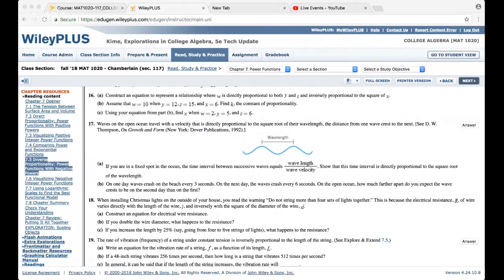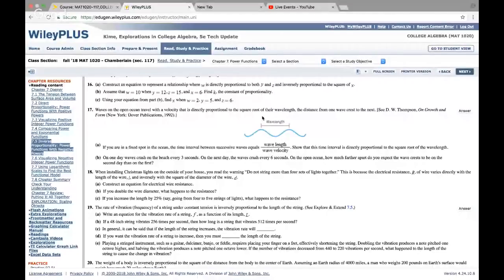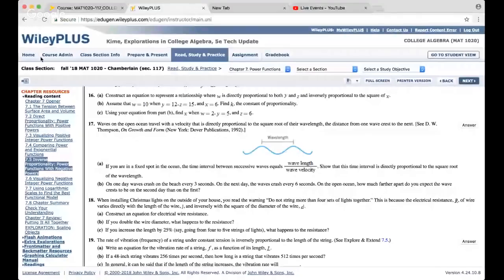We had gone over this problem, number 17 from class, and we didn't get through part A. I looked back over it, and I understand now why we weren't able to get to where we thought we could. So I thought I'd just go back over that.